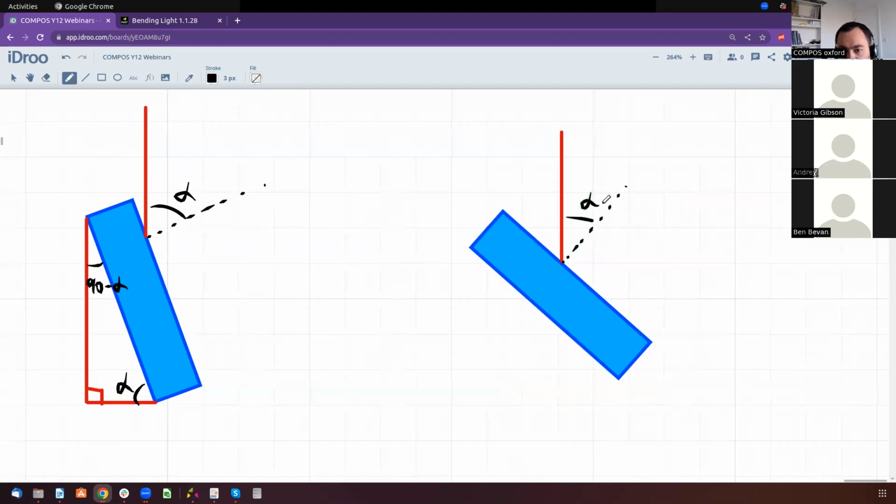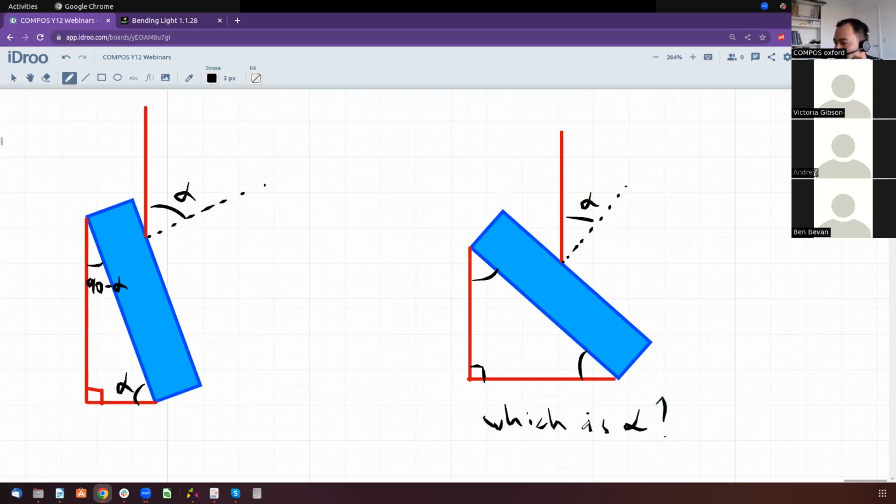If this angle is alpha, and you draw a triangle like this, you have a very hard time figuring out which is alpha and which is 90 minus alpha. Which is alpha? Do you understand what I'm talking about? Yes or no, please. Don't be shy.